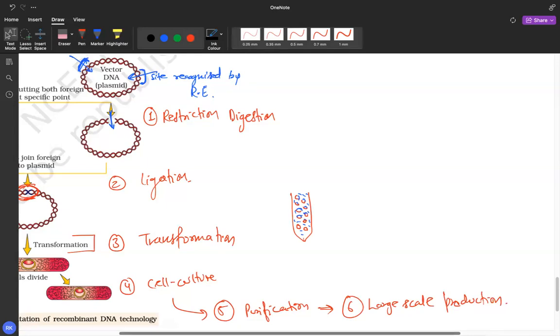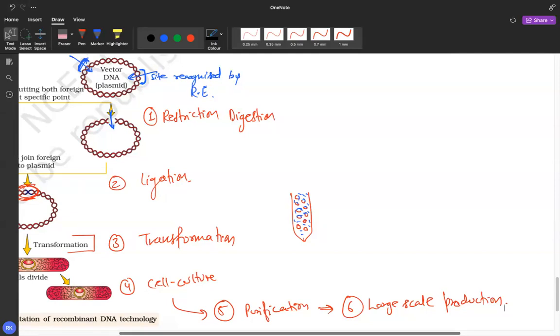So to keep that protein stable, we have to dissolve it into some kind of concoction or chemical which will keep it stable, like the insulin that we got. Let's say this was all done for insulin. We need that insulin after purification to be functional, viable, and in its proper shape.